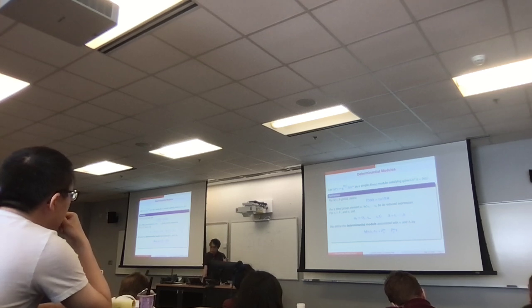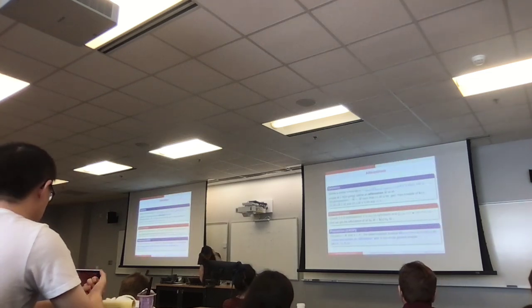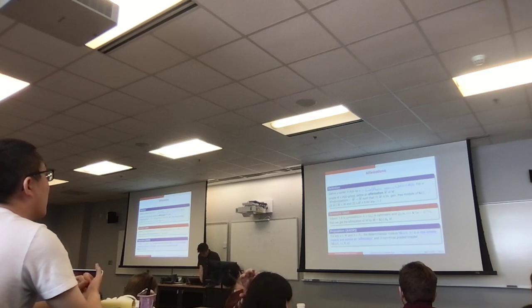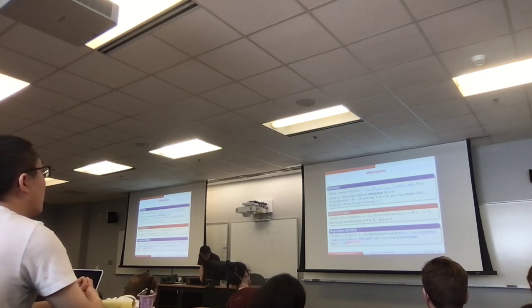I'm not sure why it's called the determinantial module, but I omit this one. The important point is that this determinantial module is a real simple module and it admits an affinization.